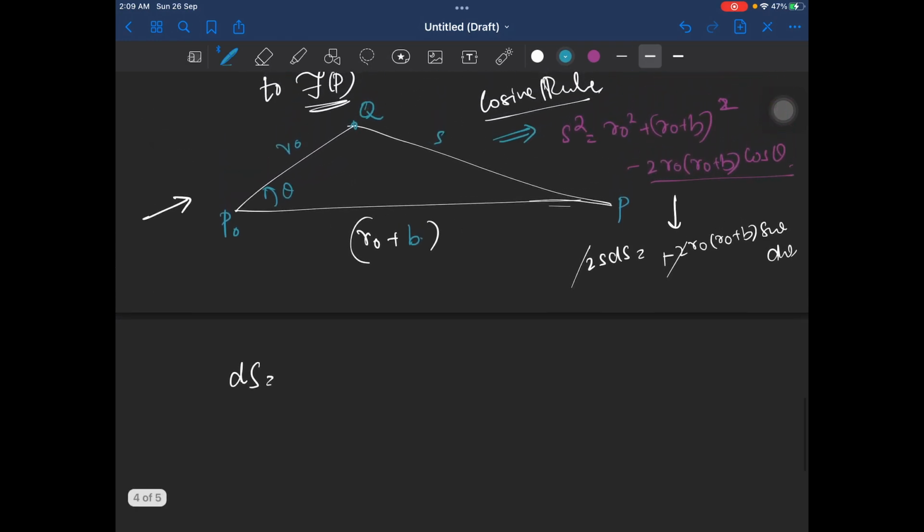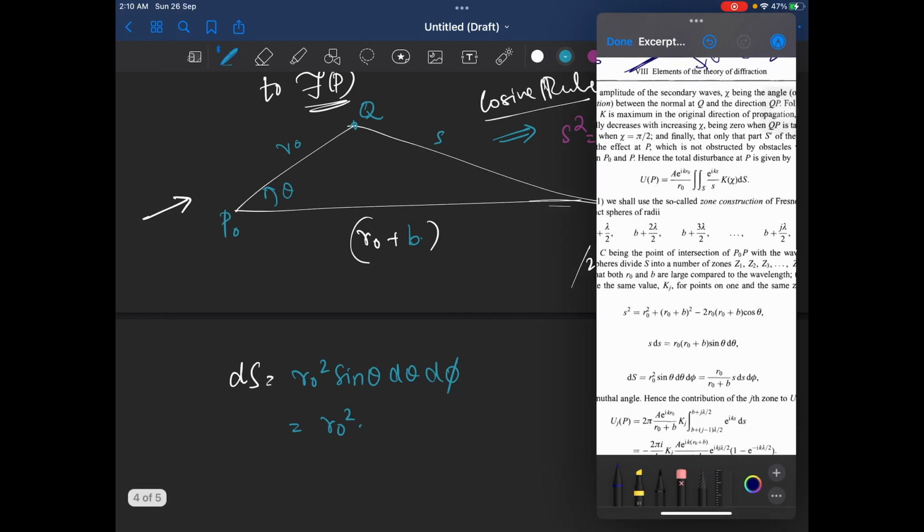Which was basically r naught square sin theta d theta d phi equals r naught square sin theta d theta is s ds. What's s now? Well, just refer.